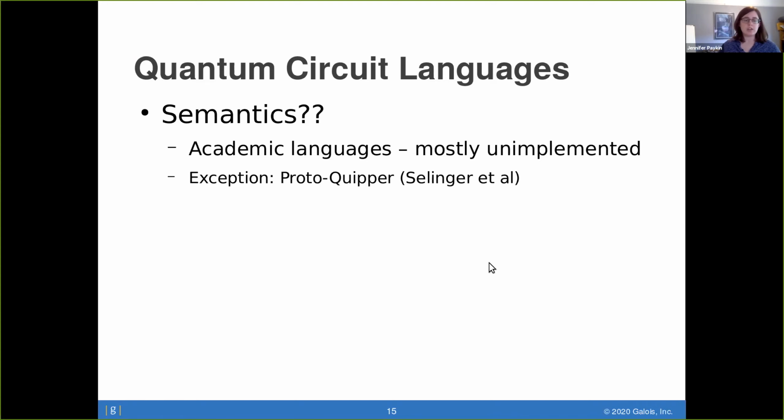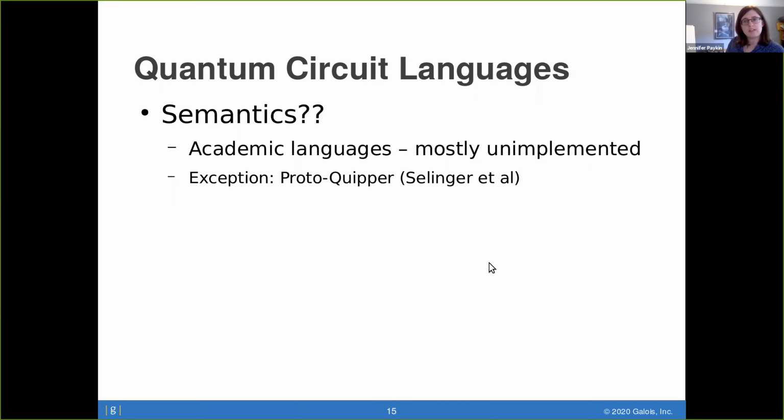So in order to reason correctly about what your program does, you really have to account for those language features. Now, when we're talking about a language that's embedded in Python, like Qiskit, you might have to argue that you need to reason about all of Python. It is difficult to reason about the semantics of Python. It's quite a complex thing.